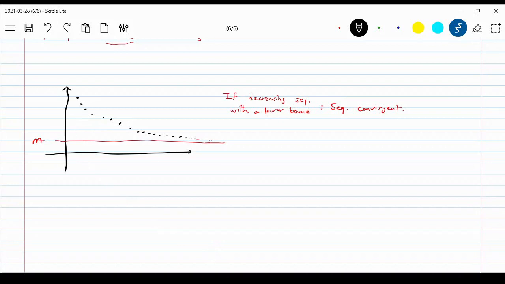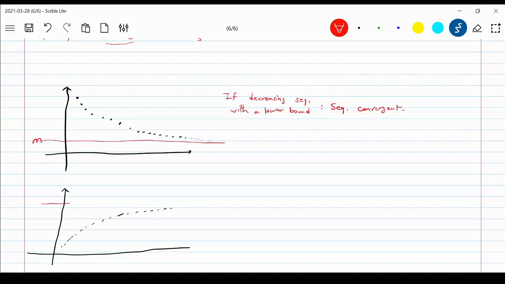On the other side, if we have an increasing function, something like this, you have an increasing bunch of points, and in this case, what we need is an upper bound. If we have an upper bound, all the points are increasing, but they're getting closer and closer to some value, because they cannot go beyond this line. This line, we call it capital M, the largest bound possible here.